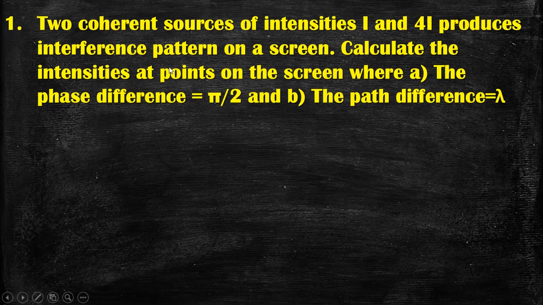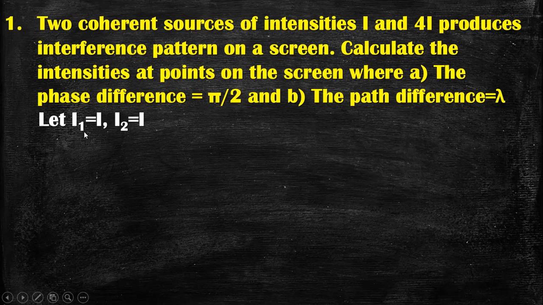Then in this problem they have given two values. The intensity of the first wave is I, the intensity of the second wave is 4I, and they have given the phase difference in part A, and in part B a path difference lambda. Based on this, you have to calculate the resultant intensity.